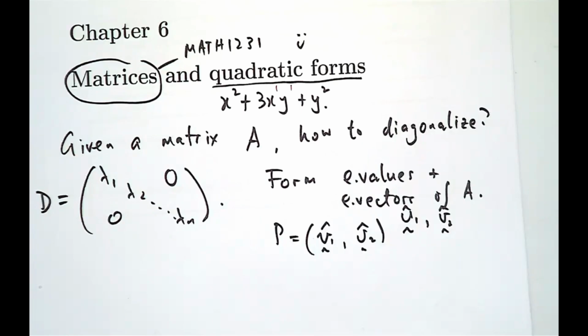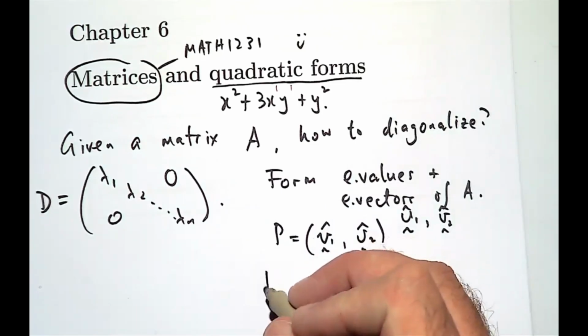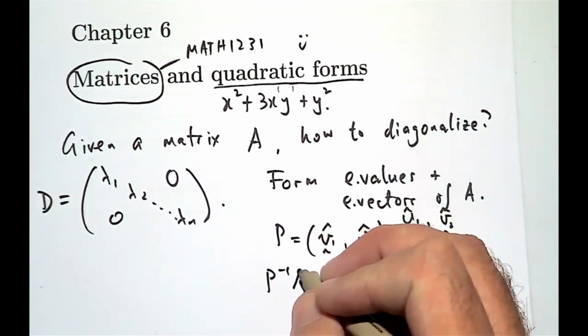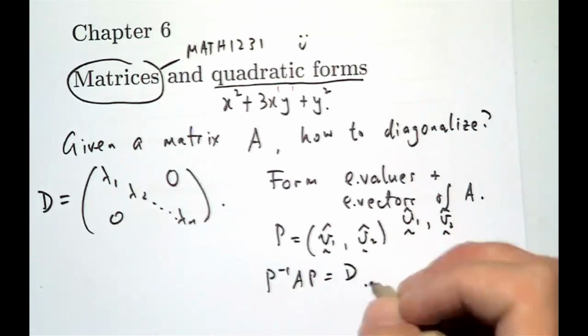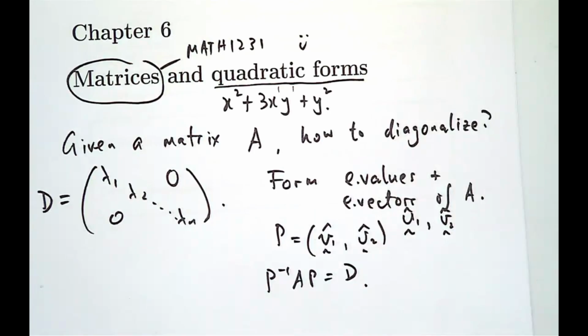They're just the columns of this new matrix P, and what you then do is say that's my P, so P inverse A P equals the diagonal matrix. It's okay if you've forgotten all about this, I'll go through it step by step. I'm just giving you a general introduction here.